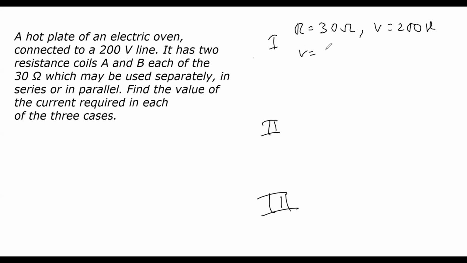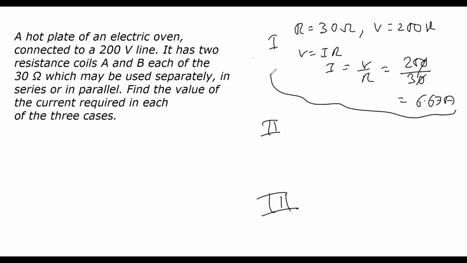Applying V is equal to IR, I is equal to V over R, where V is 200 and R is 30. So we can reduce it, and it comes out to be 6.67 ampere. That is case one.